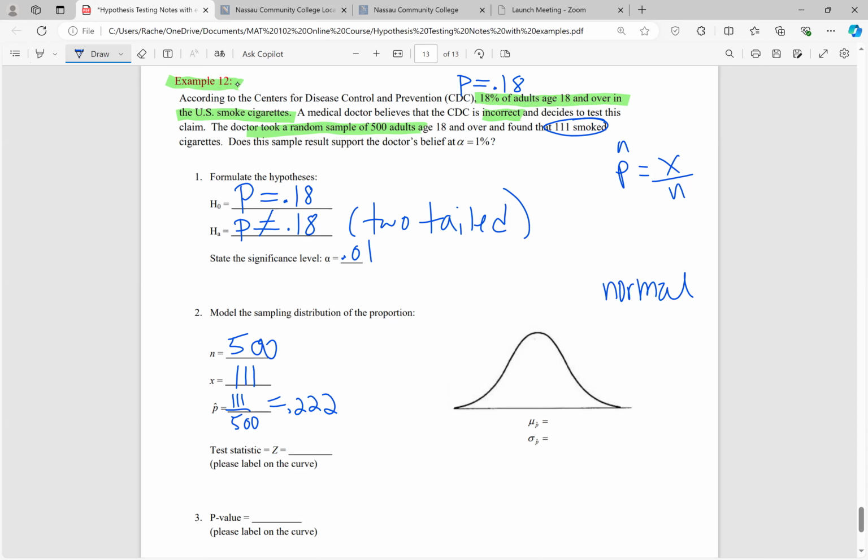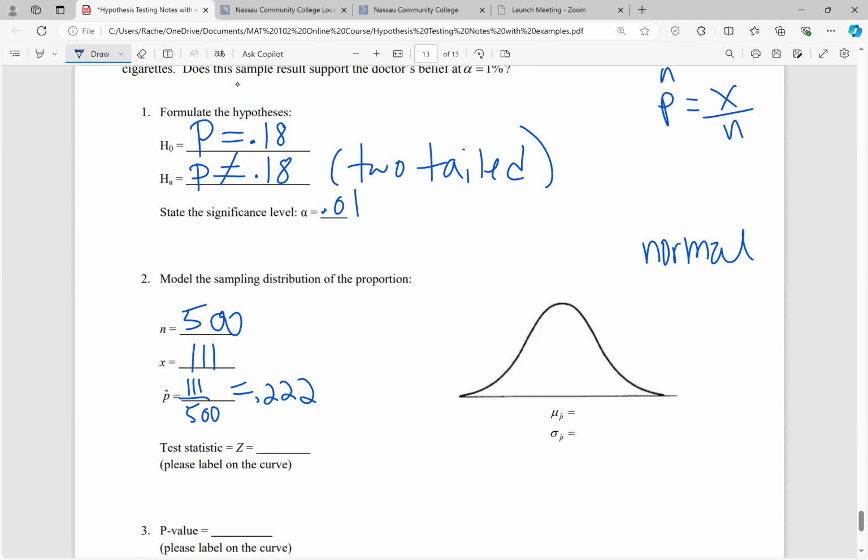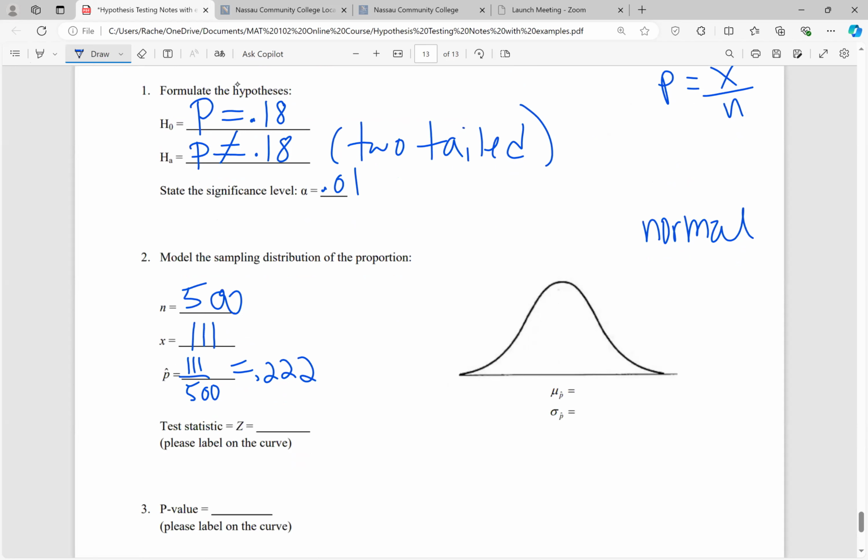So now let's label this normal curve. The mean, mu sub p hat, is equal to p, and p we're assuming in the null is equal to 0.18, unless we could prove otherwise. Now let's calculate the standard deviation of all the p hats. That's the square root of p times 1 minus p over n.